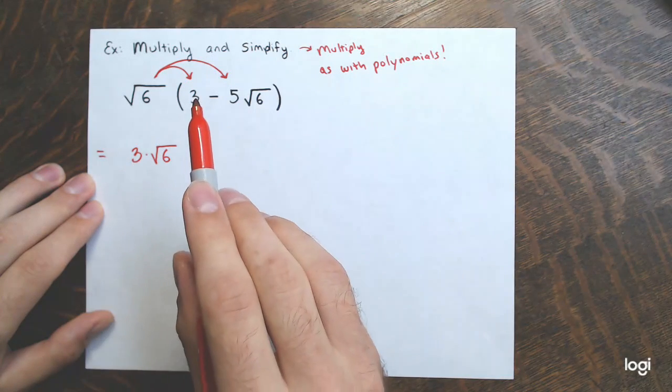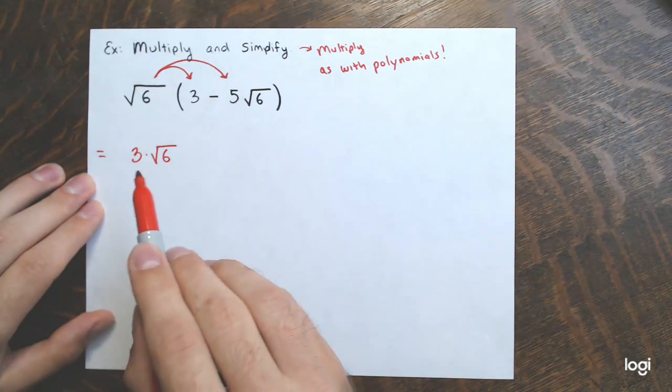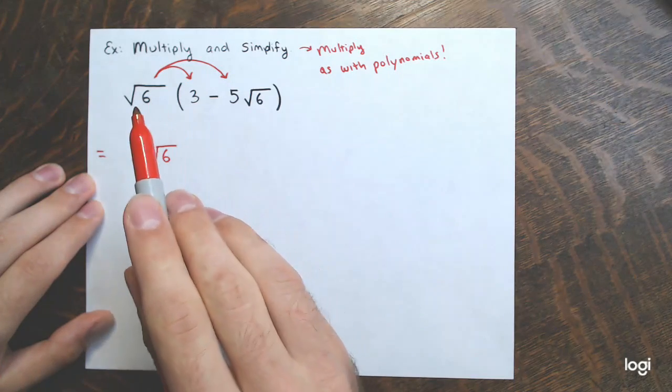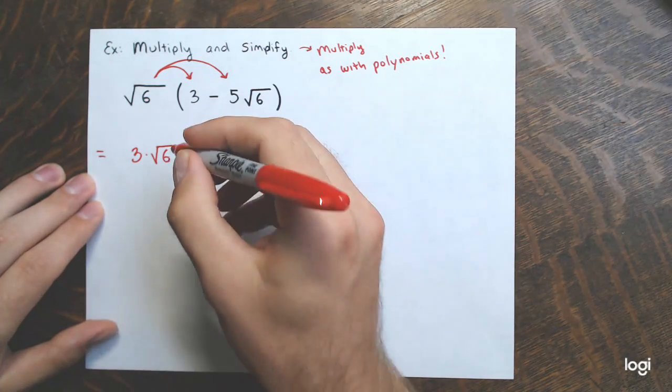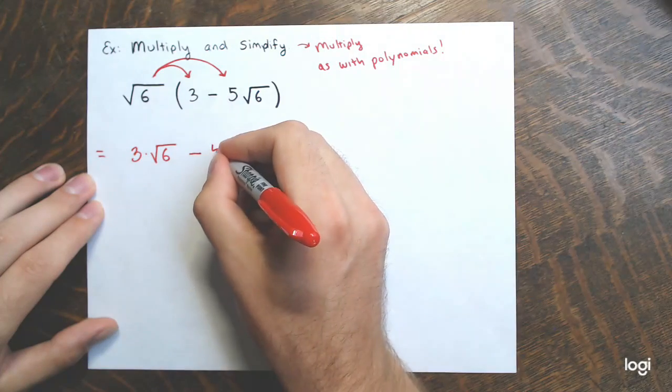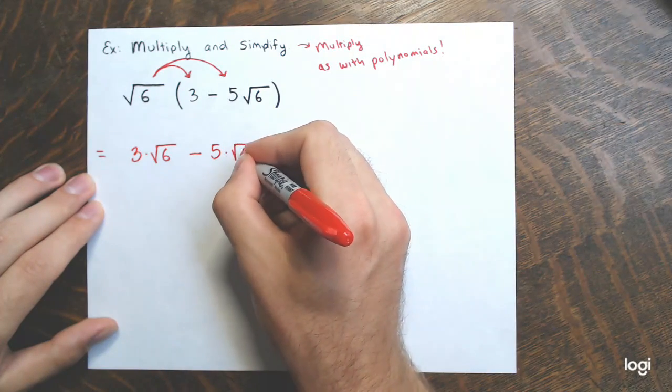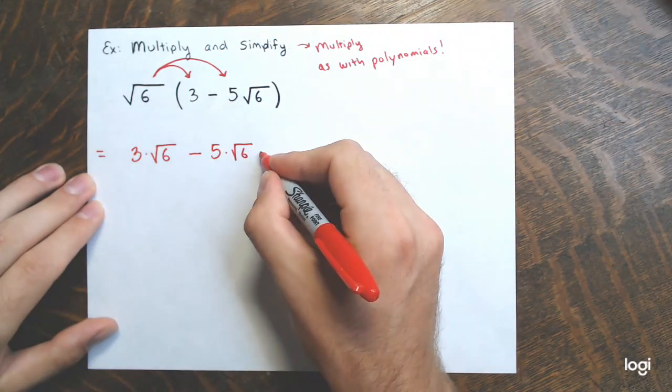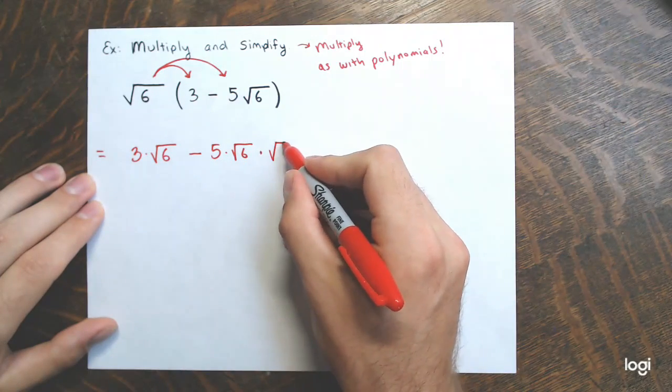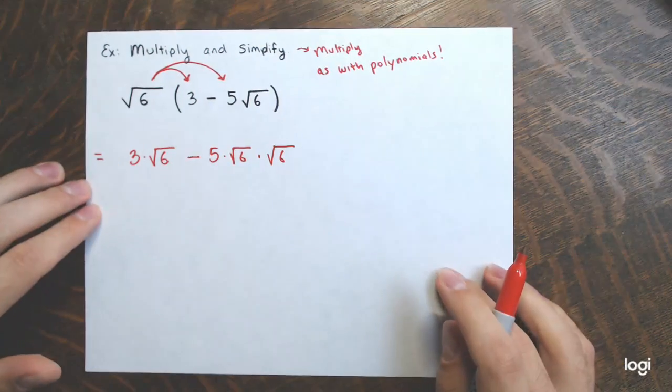This 3 is not inside a square root, so I can't make that the square root of 18. It's simply 3 times the square root of 6. Then minus 5 times the square root of 6, times the square root of 6 again, so another factor of the square root of 6.